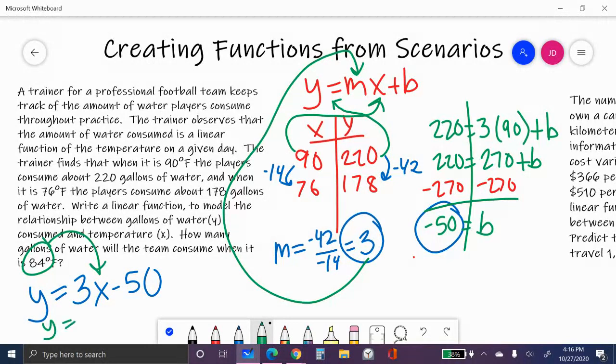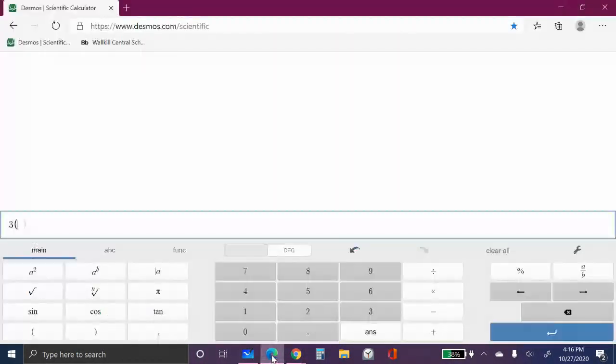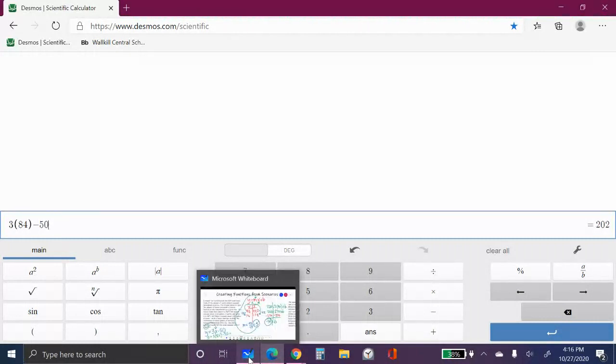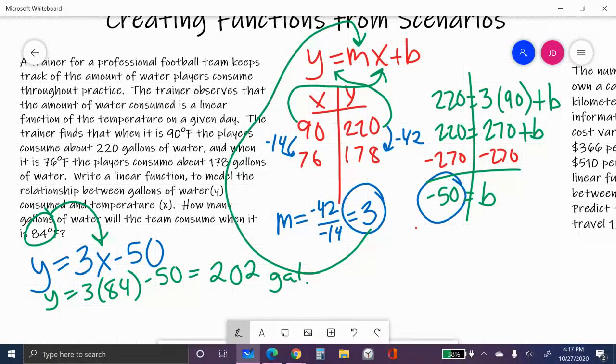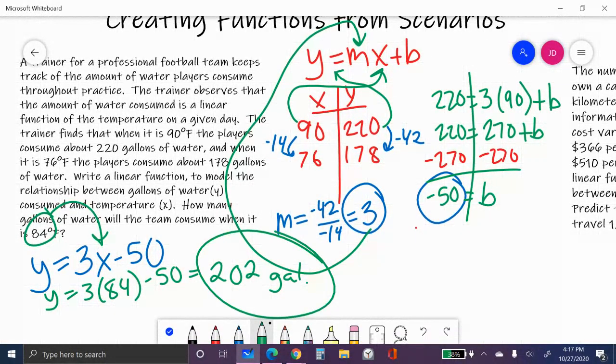So y equals 3 times 84 minus 50, which is, using my calculator, 3 times 84 minus 50 is 202 gallons. 202 gallons, I'm going to abbreviate. And that's going to be my final answer.